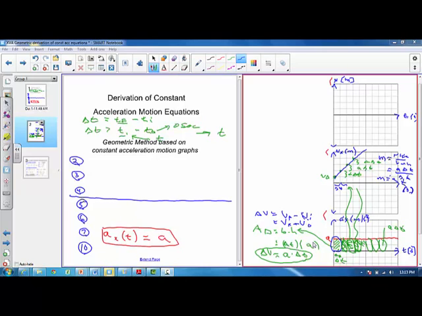So slope equals A. All right. So I've got the slope of that line over there.